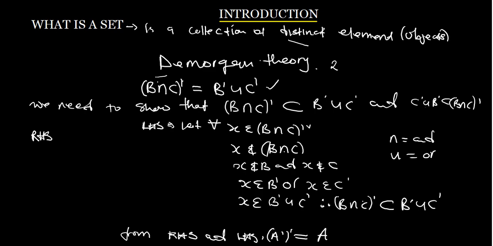Let x be a member of B complement union C complement, like that, meaning that x is a member of B complement, or x is a member of C complement.